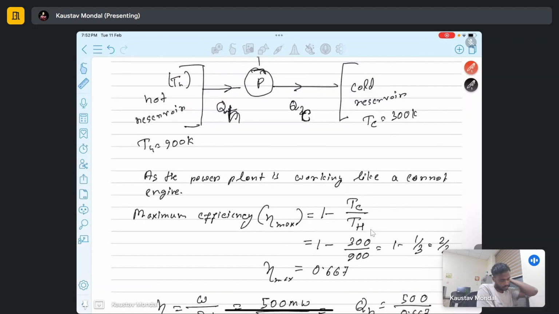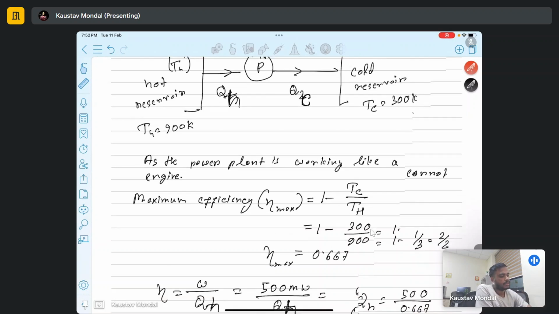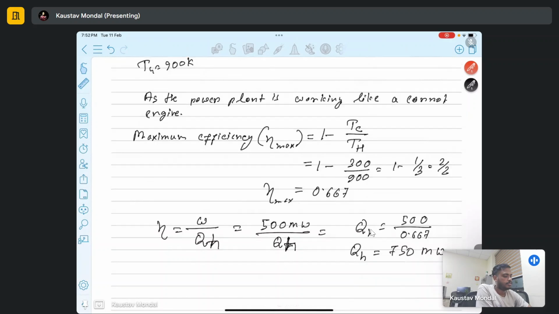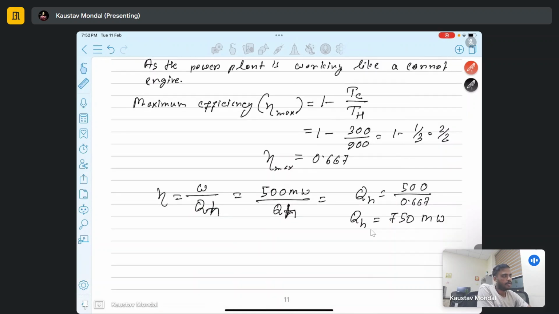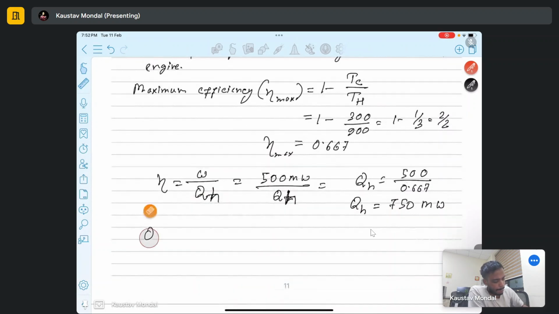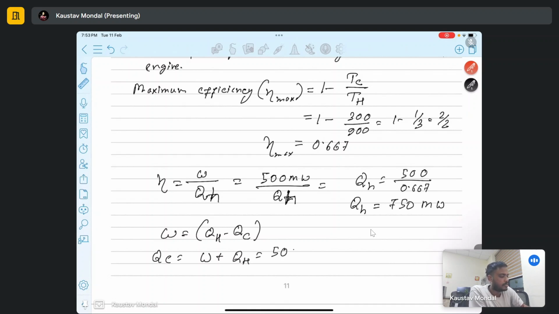Now the next thing is you have to calculate the heat that has been rejected to the cold reservoir. Work done is already defined as 500 megawatt, right? Work done is basically QH minus QC.